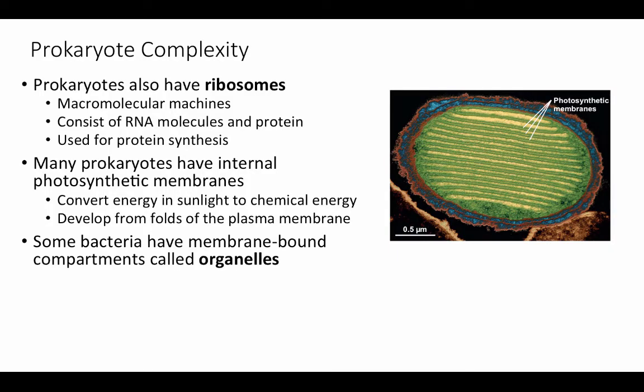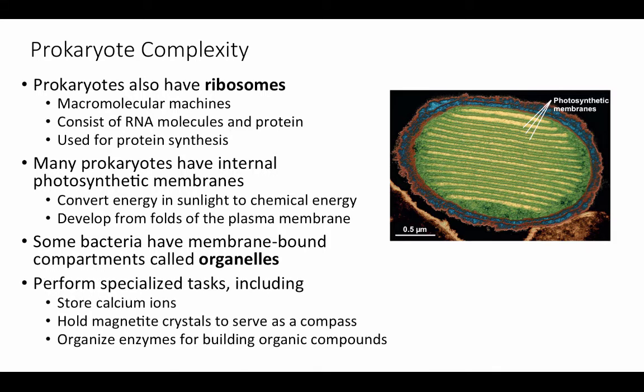So in addition to these photosynthetic membranes, some bacteria do have membrane-bound compartments, and we can call them organelles since they are membrane-bound. And these organelles are going to perform specialized tasks, including storage of ions that are needed for their physiological processes, containing magnetite crystals to help with orientation and finding their way through an environment, organizing enzymes for building organic compounds.